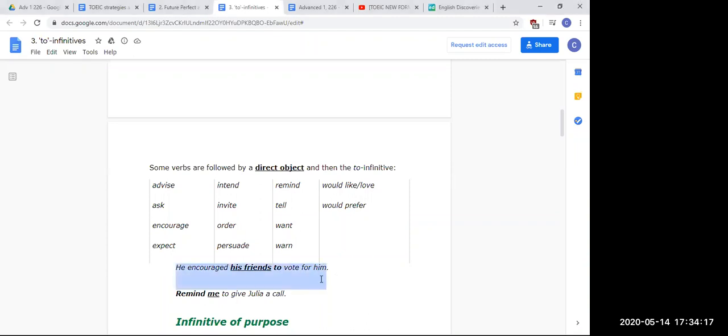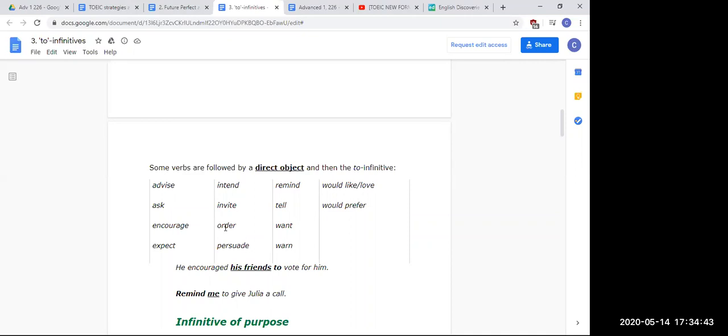So he encouraged his friends to vote for him. So who is he encouraging? He's encouraging his friends. Remind me to give Julia a call. So you're reminding someone, you're reminding me. So we can use our direct object pronouns as well. So the teacher ordered the students to be quiet.